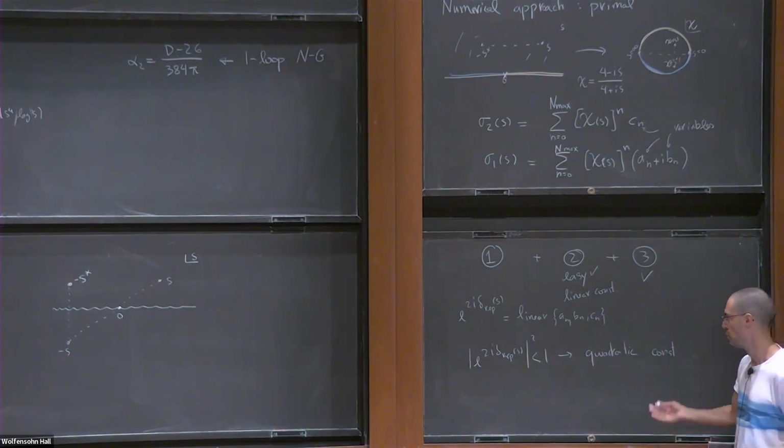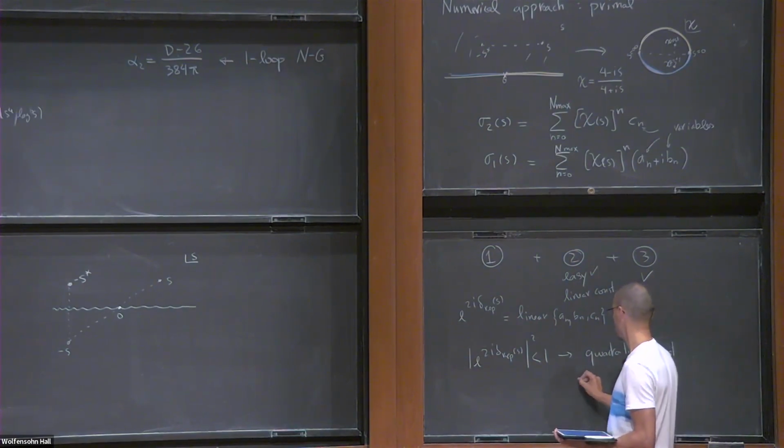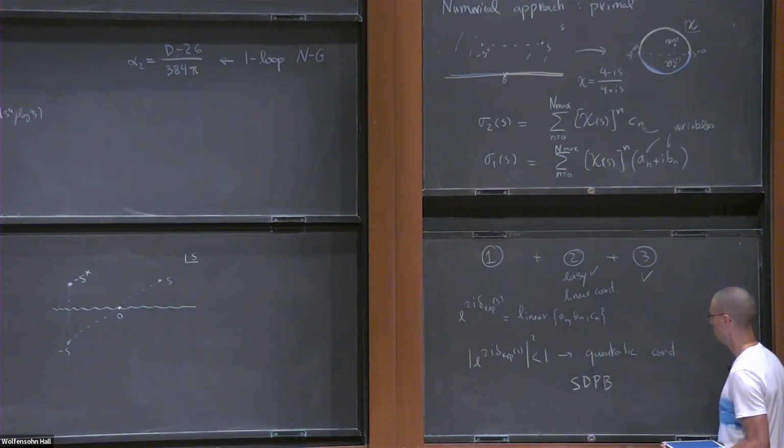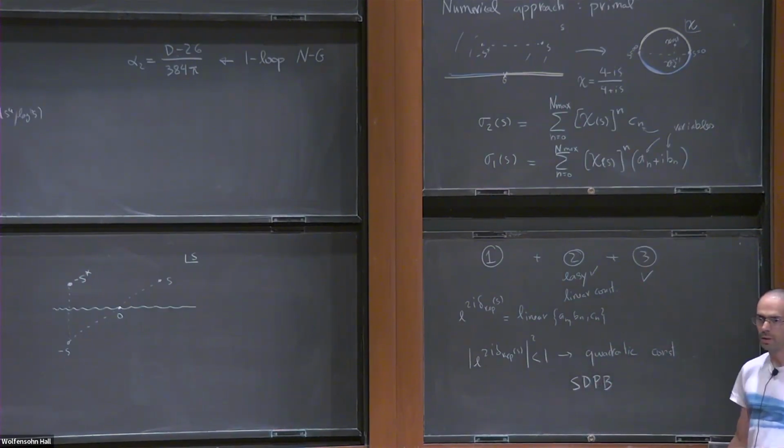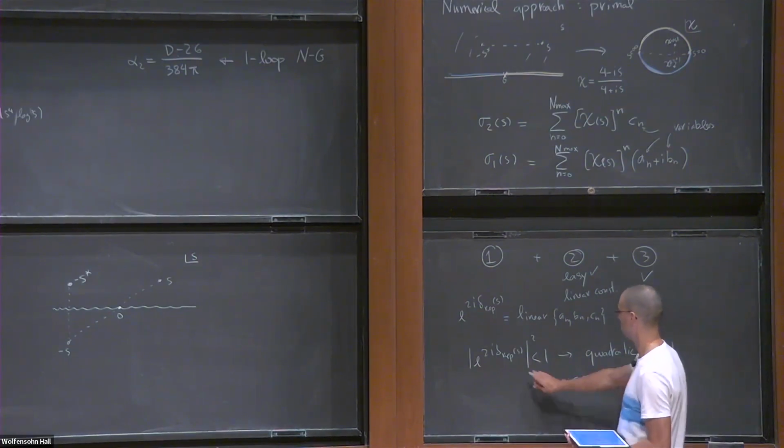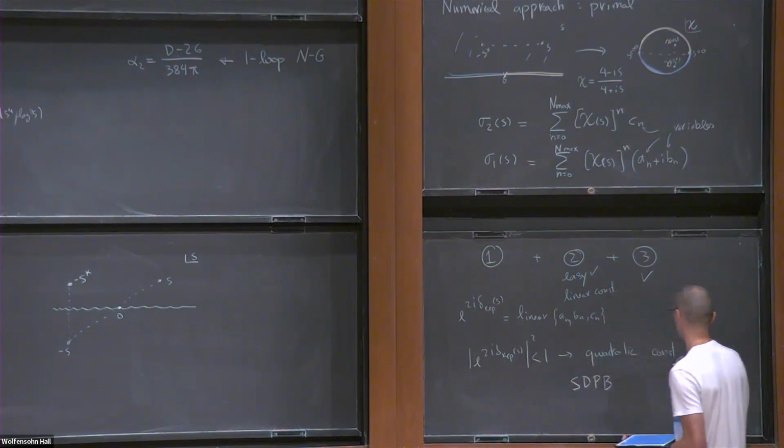So in fact, we use SDPB, which is the semi-definite programming solver that David Simmons-Duffin developed for the conformal bootstrap. And it's perfect for this problem also. So the way we do it is we take a grid of points for the quadratic constraint.